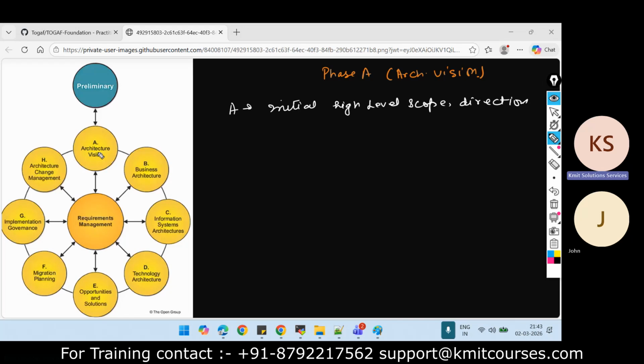This is a high level scope, high level direction, and approval for the enterprise architecture initiative.